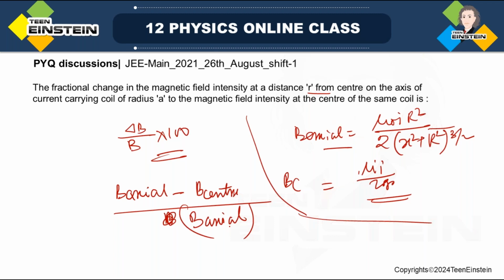So this is the fractional change of this to this.